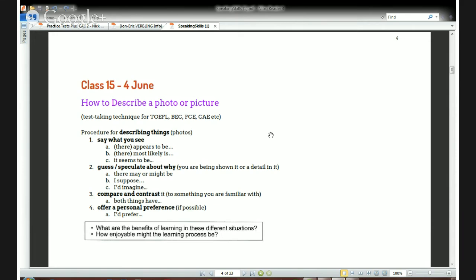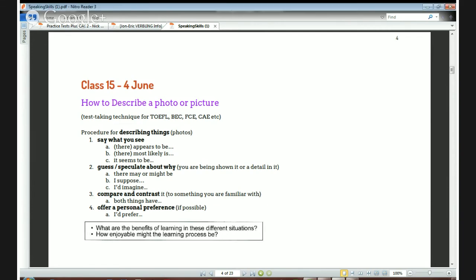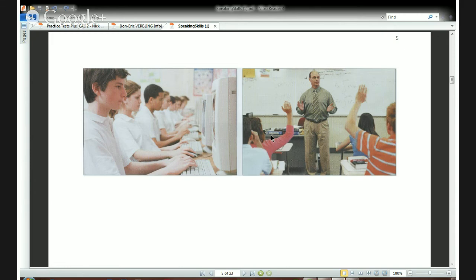So, Luo, based on what we said so far, how is that picture 1 similar or different to something in your experience? Can you relate to that in any way? In first picture, when I was young, I have learned the computer, yeah. You had computer classes? Yes, of course.